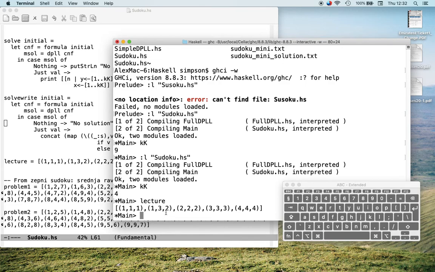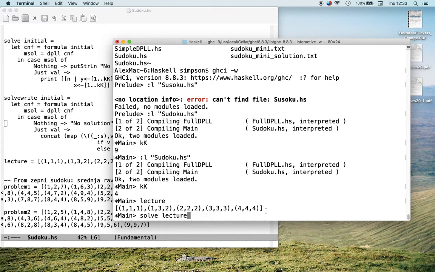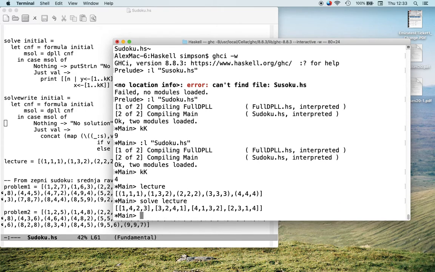Lecture is that data, and I've got this solve function here, which converts this into a propositional formula, and then gives it to the DPLL solver, and then if it gets a solution, prints the solution out in a nice readable sudoku form. So if I solve lecture, you'll see it will take no time at all, because it's such an easy problem. There we are. So we instantly get back the answer.